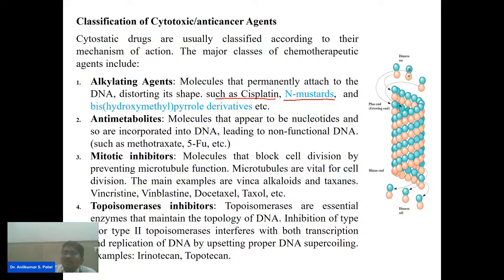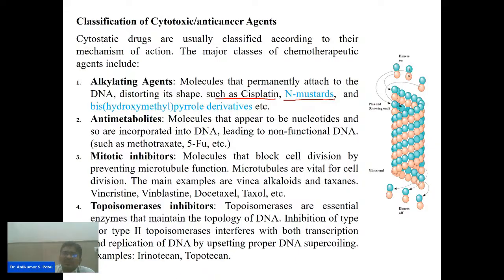Microtubules are vital for cell division. The main examples are the vinca alkaloids, vinblastine and vincristine. These alkaloids work as mitotic inhibitors and produce anti-cancer activity.